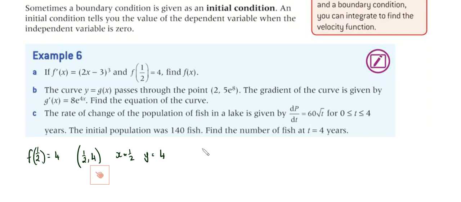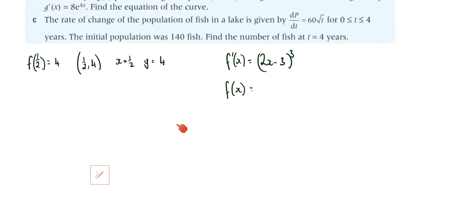So how do we get from f dash of x equals (2x minus 3) to the power of 3 to f of x? Do you remember? Okay, so we're thinking this was chain rule.